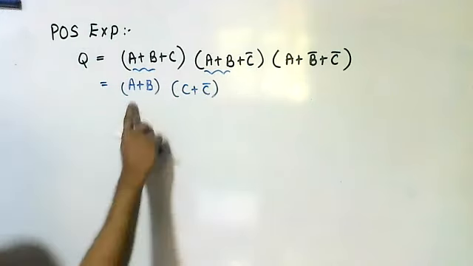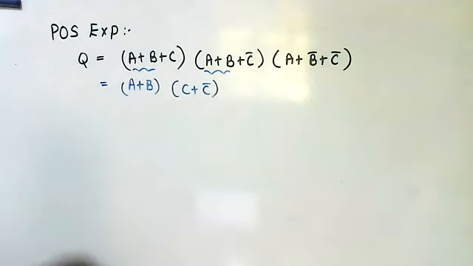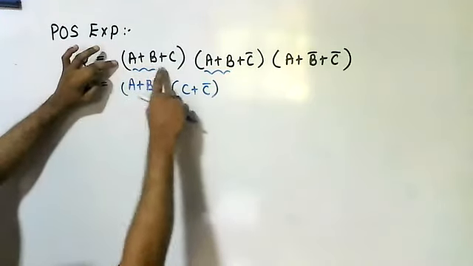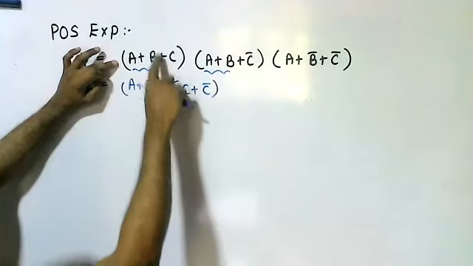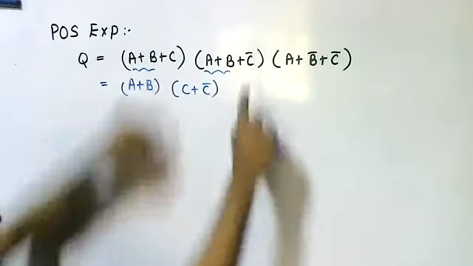So C dot C bar or C plus C bar? C plus C bar here. We took A plus B, so C plus C bar.